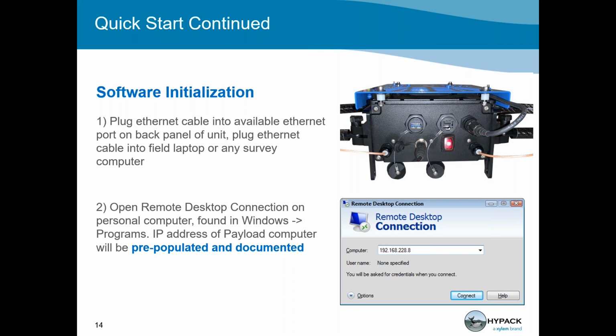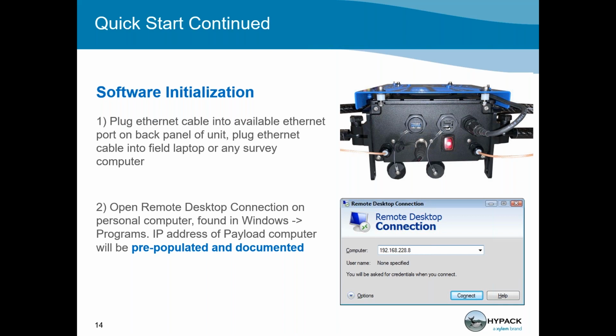While the power indicator turns on all of the sensors, you, the user, do have to initialize the software. There's a real easy way to do this. We at HYPACK use a field laptop and the available Ethernet port. We connect our field laptop with the unit computer through that Ethernet port, just plugging your laptop in.